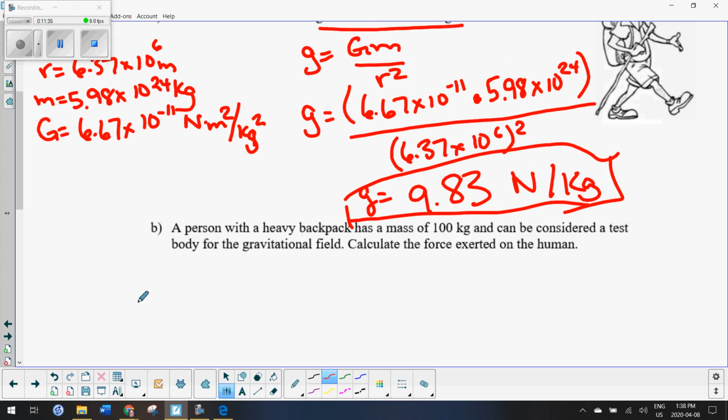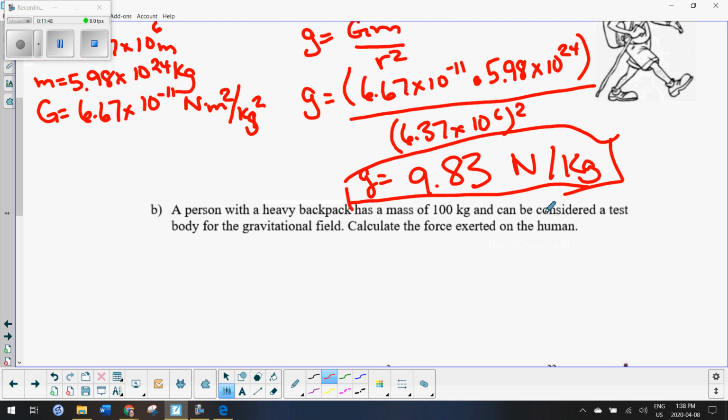Okay. B says a person with a heavy backpack has a mass of 100 kilograms and is a test body for the gravitational field. Calculate the force exerted on the human. So we're now trying to calculate force. Force equals question mark. The mass is 100 kilograms.